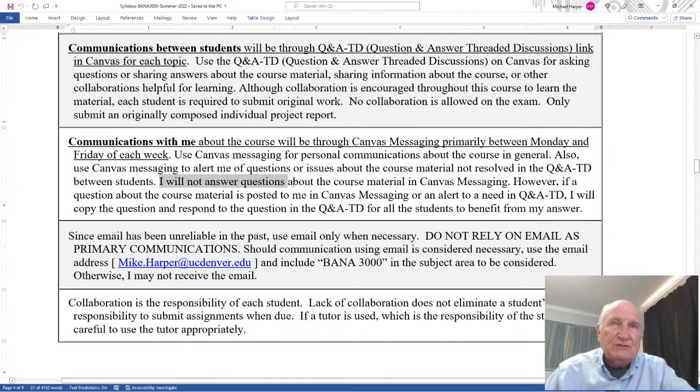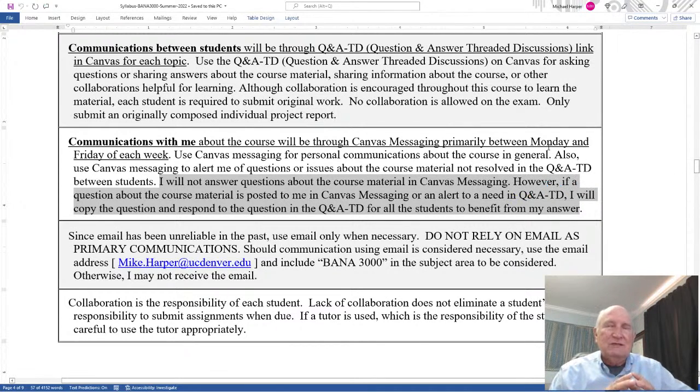I will not answer questions about the course material in Canvas messaging. However, if a question about the course material is posted to me in Canvas messaging, or an alert to a need for me to come into the Q&A threaded discussion, I will copy the question and respond to it for all students to benefit from my answer.